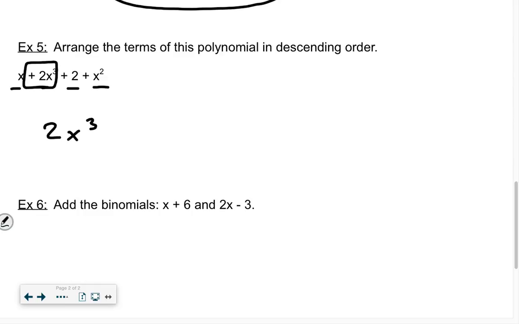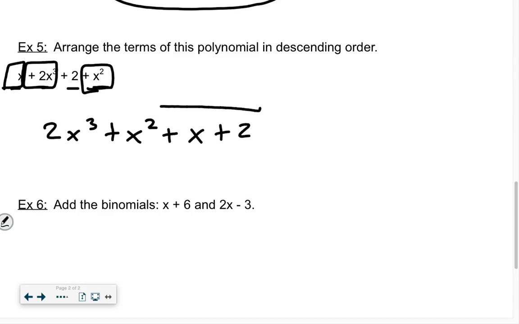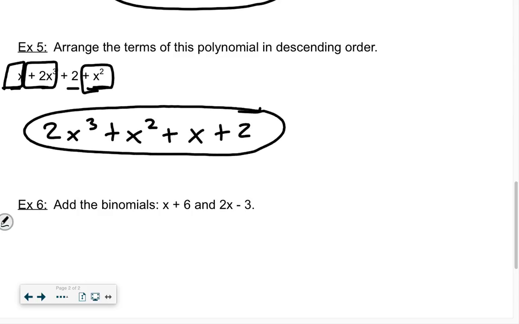So that one's going to go first. The next highest degree, the next highest exponent is that plus x squared. The next highest exponent is this x out at the very beginning, the plus x. And lastly, we have that plus 2. It does not have a variable next to it. That's called a constant term, but that's going to go at the very end.